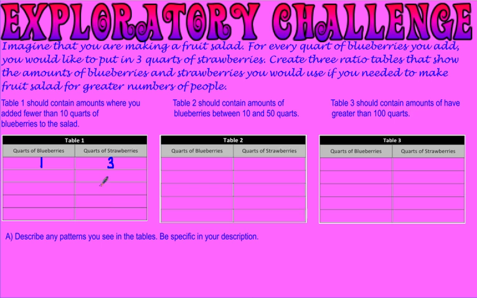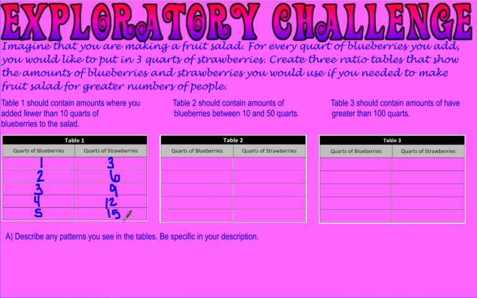You should use what you learned in lesson 9 in filling out ratio tables, and when you come back, we'll check your work. All right, so what this tells me is if I want to add 1 more quart of blueberries, I have to add 3 more quarts of strawberries, so 2 and 6, 3 and 9, 4 and 12, and 5 and 15.